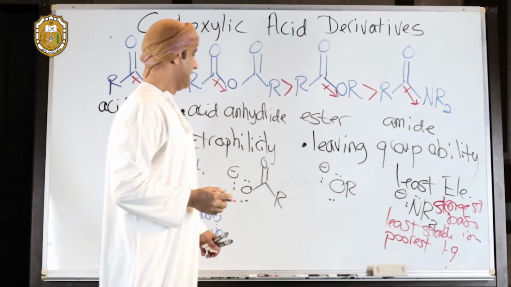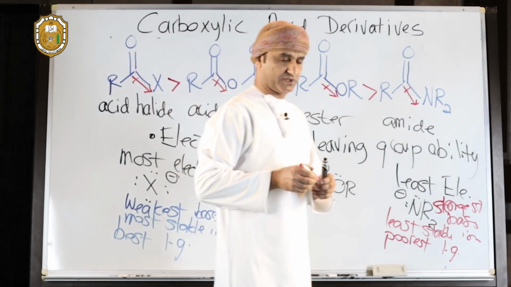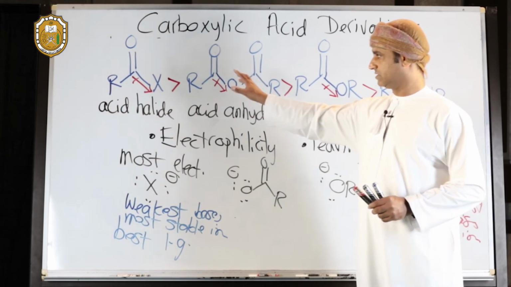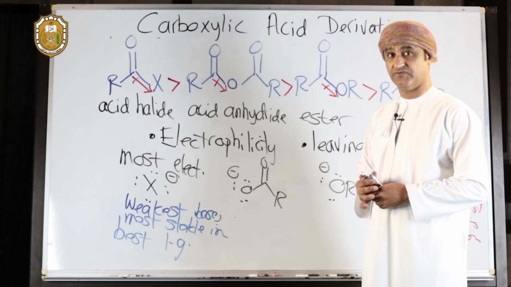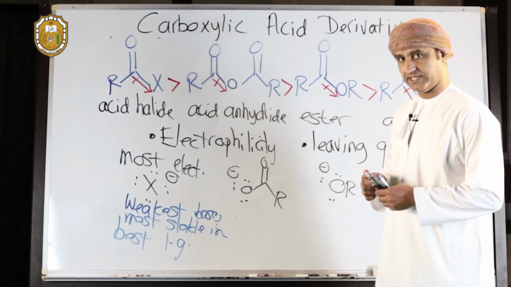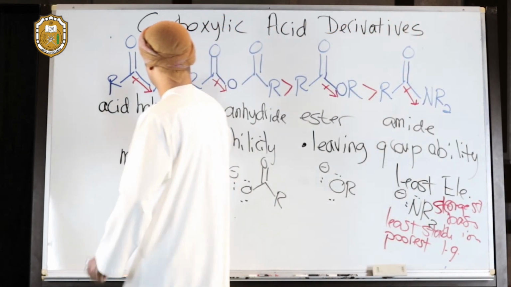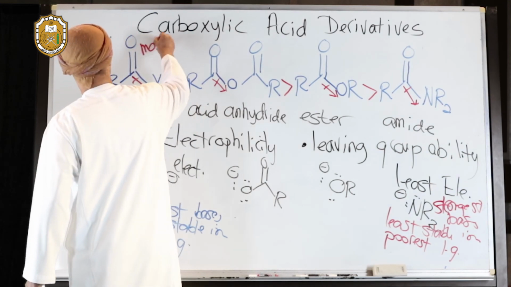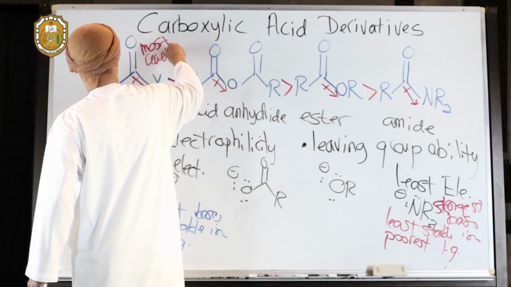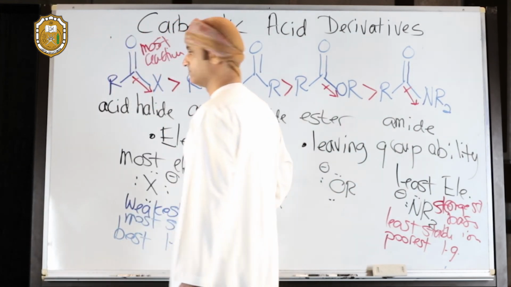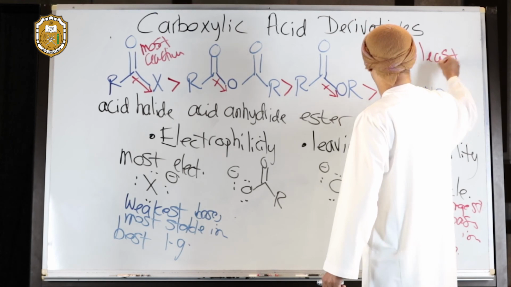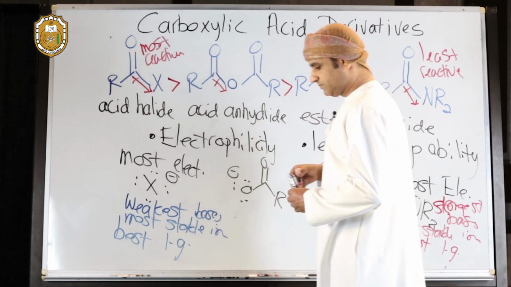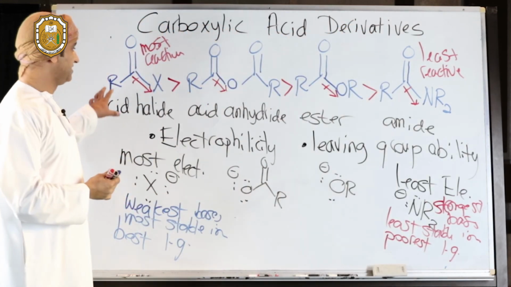Therefore, they are the poorest, the worst leaving groups. As a result of this, and because acid halides are the most electrophilic and contain the best leaving group, they should be the most reactive in nucleophilic acyl substitution reactions, whereas amides are the least reactive. So this is like a reactivity scale.